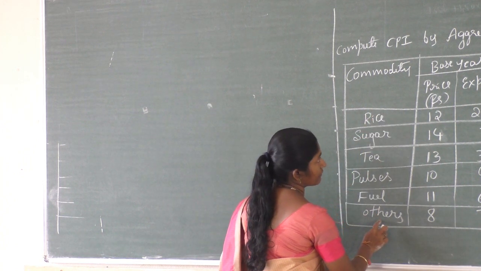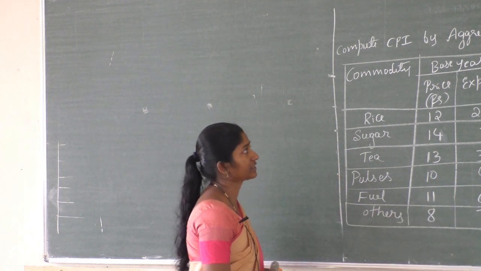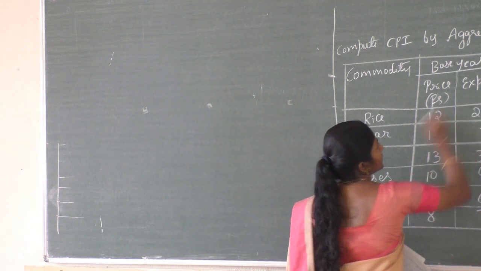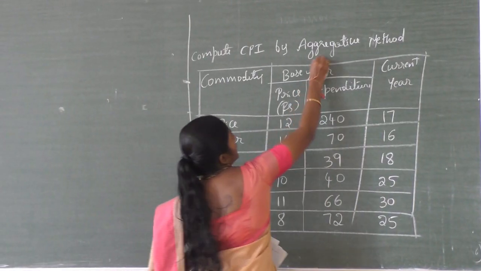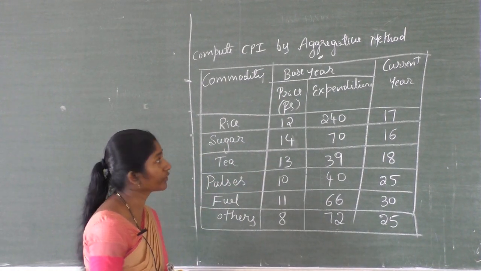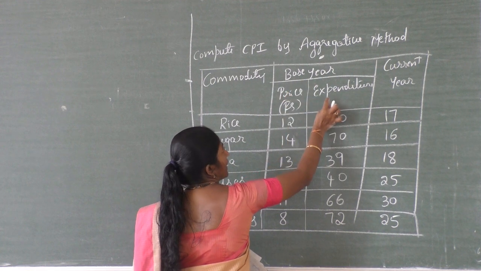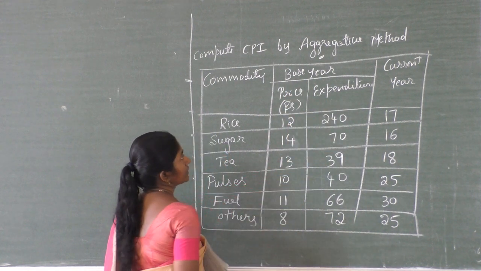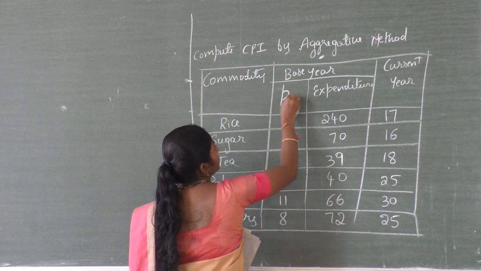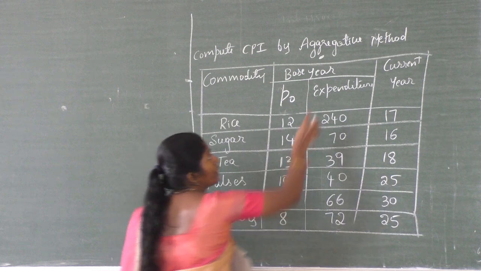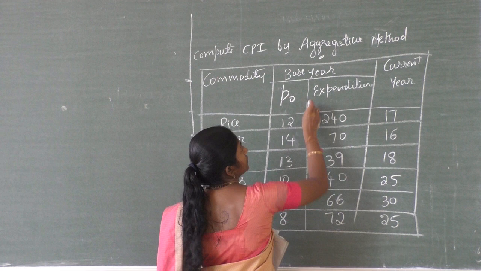The base year price is P0, and base year expenditure means E0.